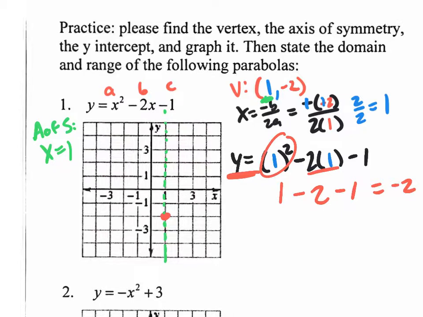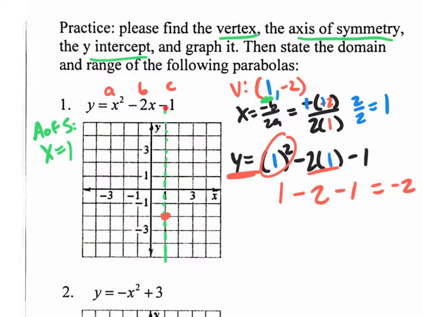Okay. So it does say find the vertex, state the axis of symmetry. Notice it also says y-intercept. So how do we find the y-intercept again? Set x equal to 0 and solve. How easy is it to set these x values equal to 0? What's going to be our output if we put input 0?